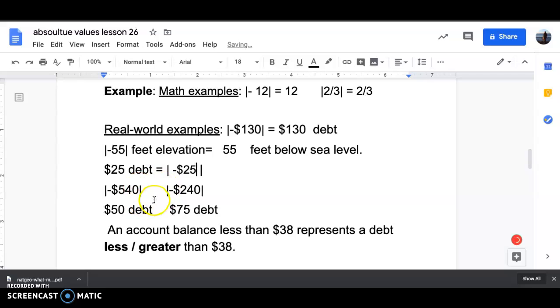Now this one here, they wanted you to do greater than or less than. But they want you to think about it in absolute value terms.